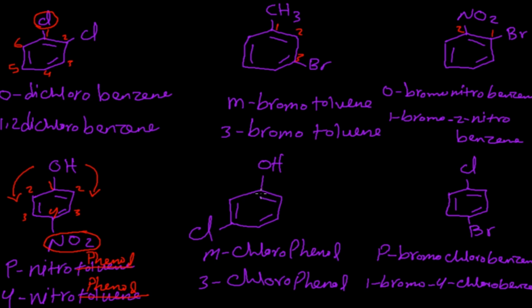So another compound here. Again, phenol. You can see this is a phenol. Don't forget, if your parent compound contains an OH group, a hydroxyl group, connected to the benzene ring, then you have a phenol. So you can move either way. This way, 1, 2, 3, 4, 5, or you can move this way, 1, 2, 3.